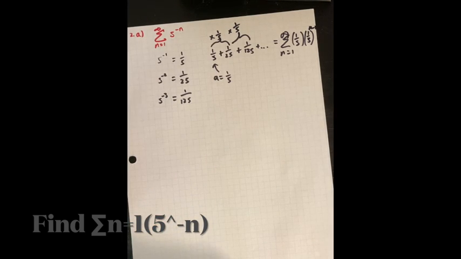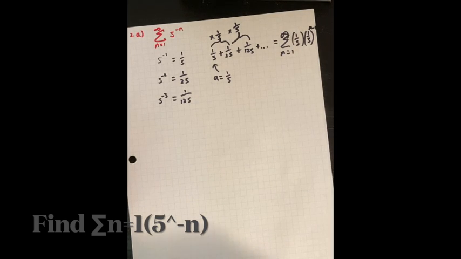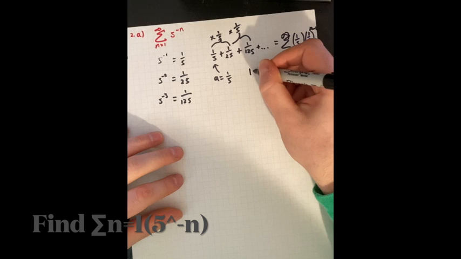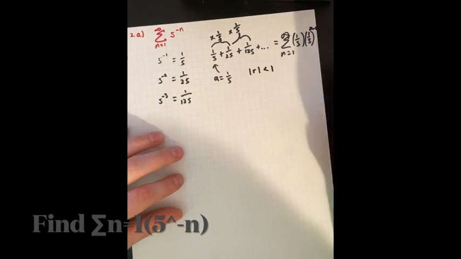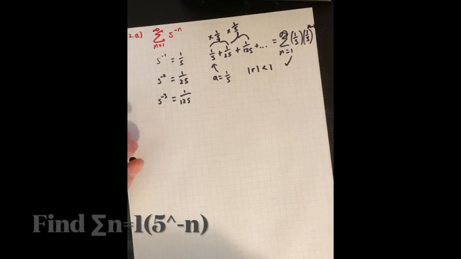We know it is based on just an eyeball test. We can see that the terms are getting smaller and smaller, and will go down continually. And we also know this based on our previous definition of whether or not a geometric series is convergent, because the absolute value of r is smaller than 1. Okay, bingo. So now we can solve our convergent series.